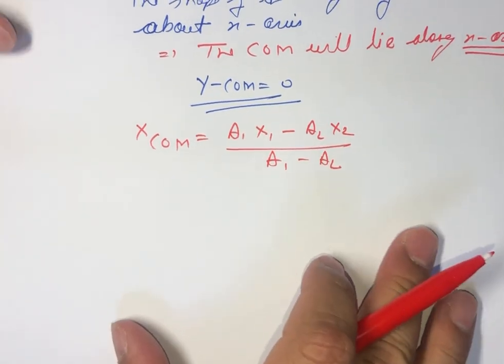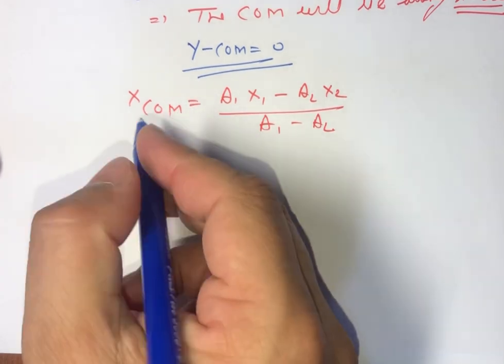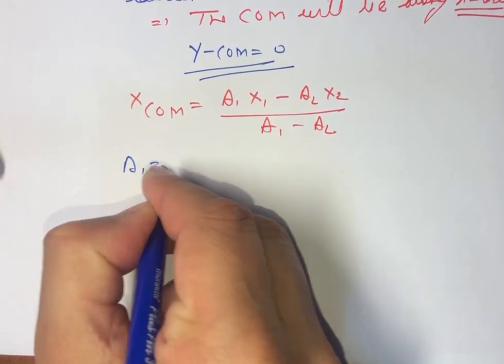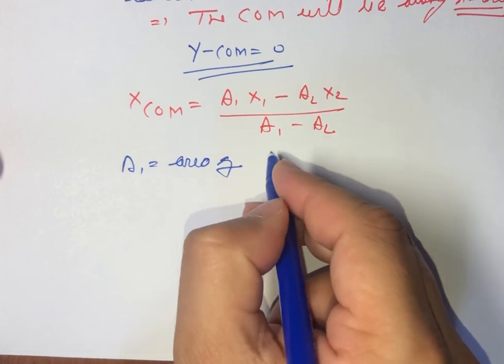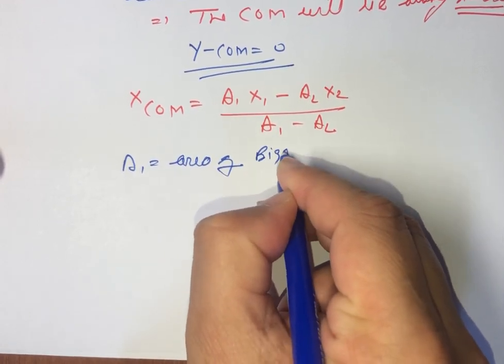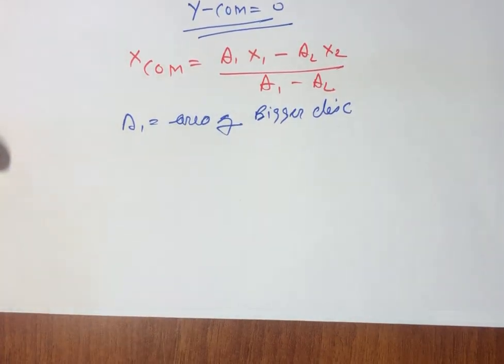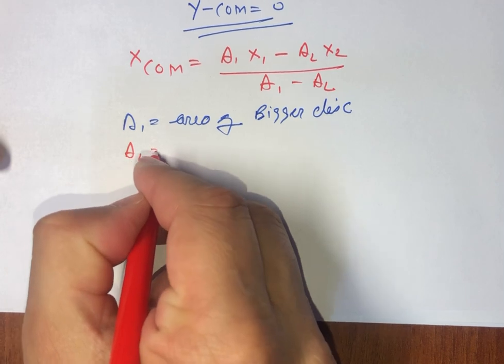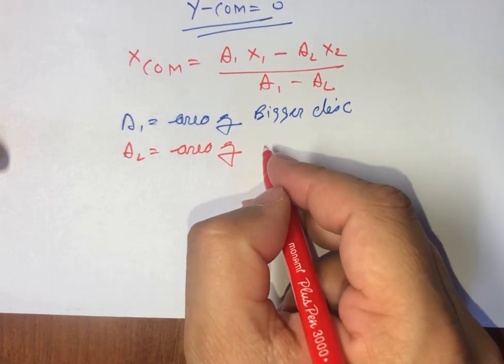You can say area a1 is area of bigger disk, a2 is area of superimposing disk.